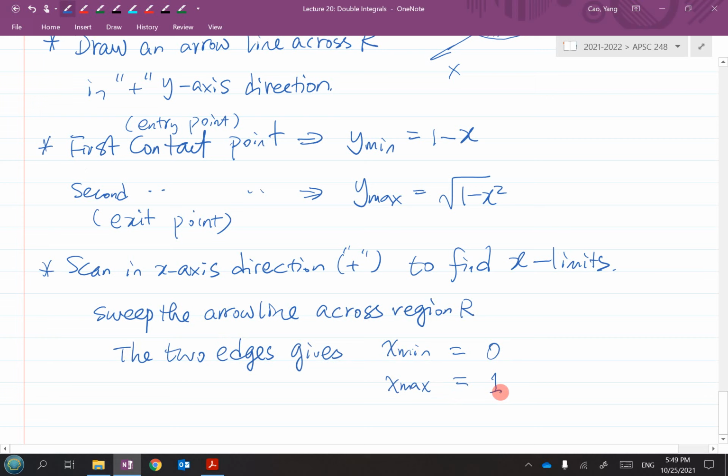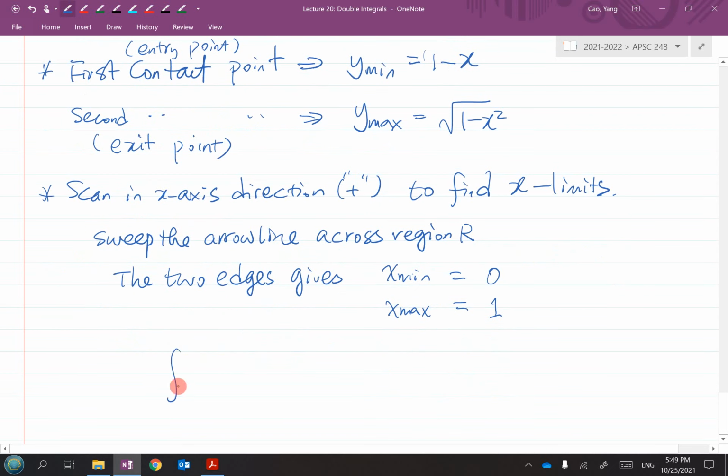So then overall, once you get this done, you're done with finding the limits for the integral, and you just have to set it up. So you're integrating a certain function here with an order of dy dx, dy first, dx next.